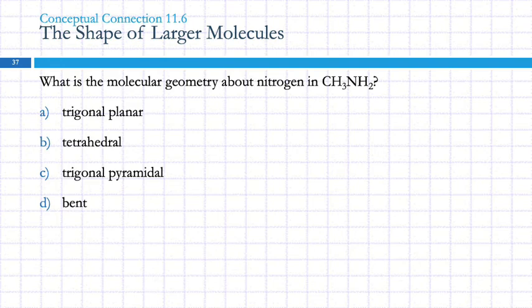So this could be an exam question. What's the molecular geometry about nitrogen in CH3NH2? When we write CH3NH2, we are implying how it's connected.